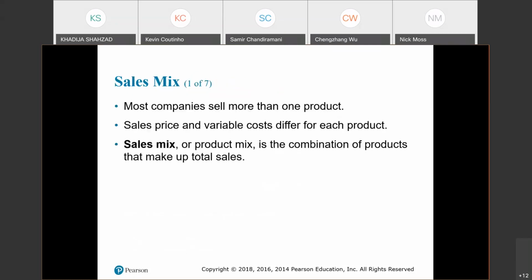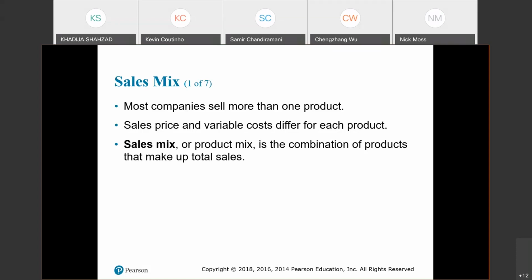And lastly, let's see how CVP analysis can be used to do analysis in sales mix. Well, most companies sell more than one product.